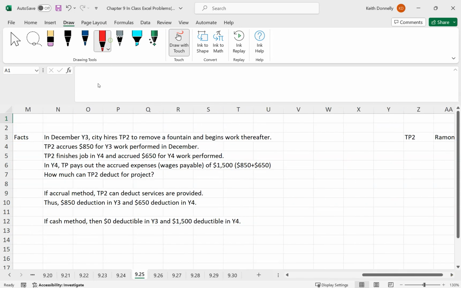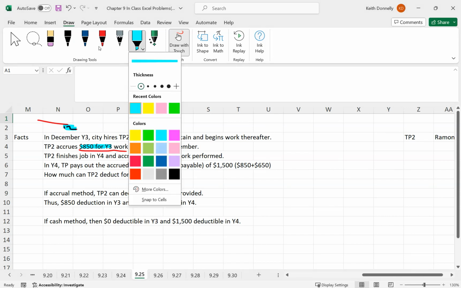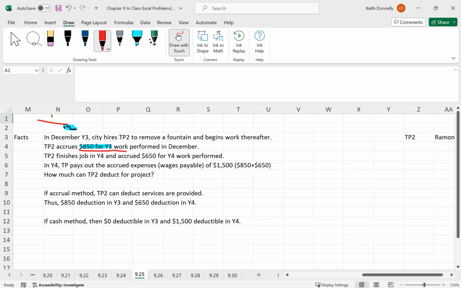In December, year 3, right? So we're like at the end of the year, right there we are. City hires a taxpayer to remove a fountain and begins work. It looks like the taxpayer accrues $850 for year 3 for the work that was performed in December, right? So during December, there was $850. And then they finish the job, right?